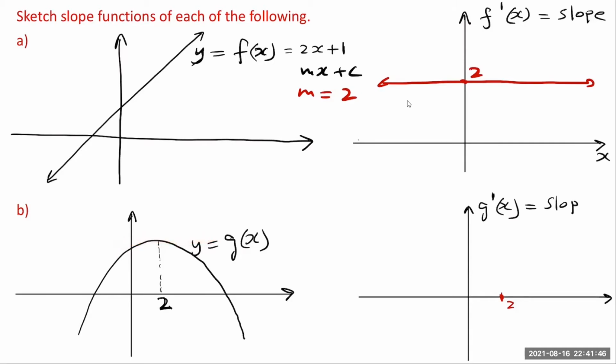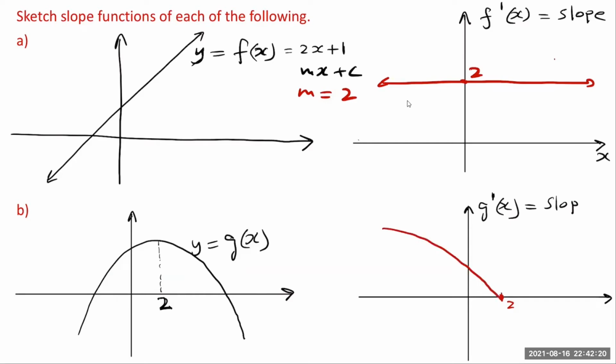If you take a point very close to 2, that tangent line is almost horizontal. That means the slope of that tangent line is very close to 0. So how do you draw the graph of the slope function for this piece? In this interval, your slope is positive. At x equals 2, your slope is 0. That means your slope function has to be like this.